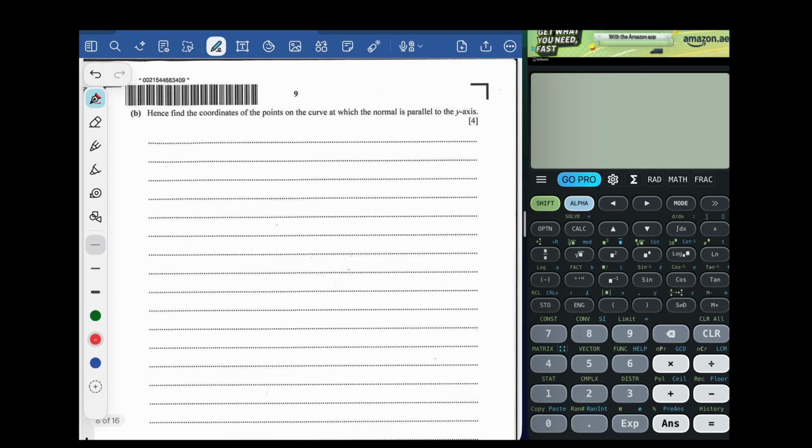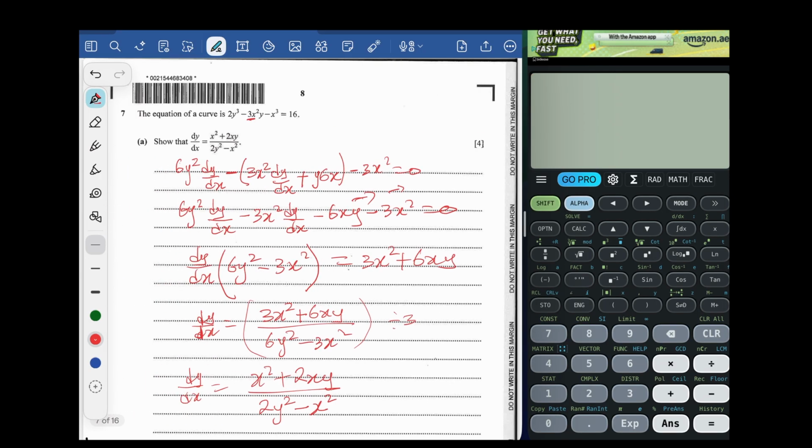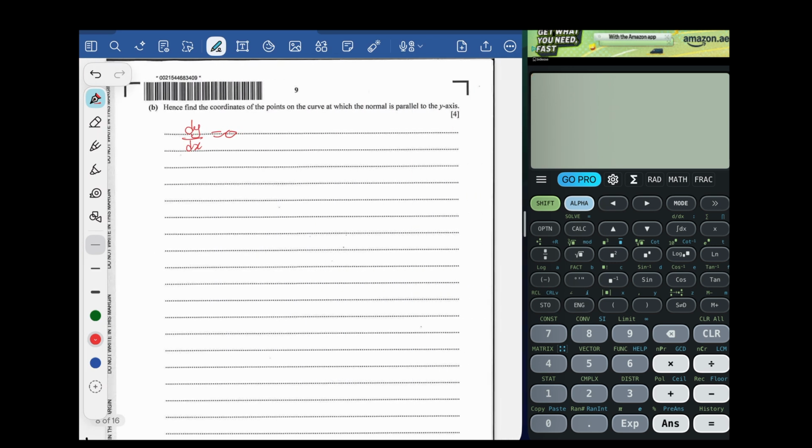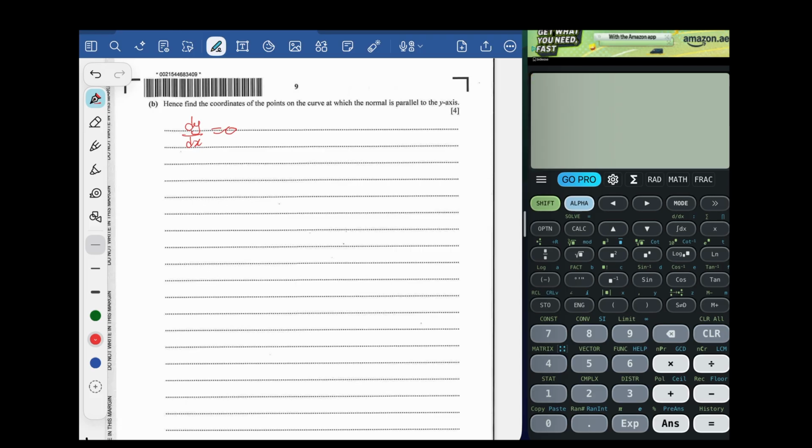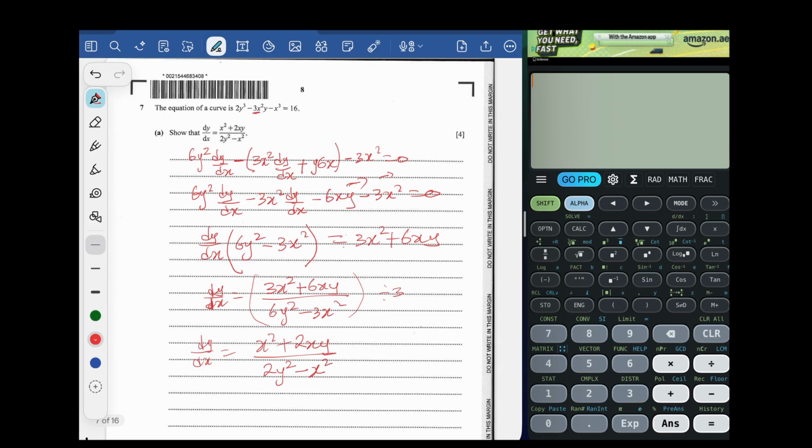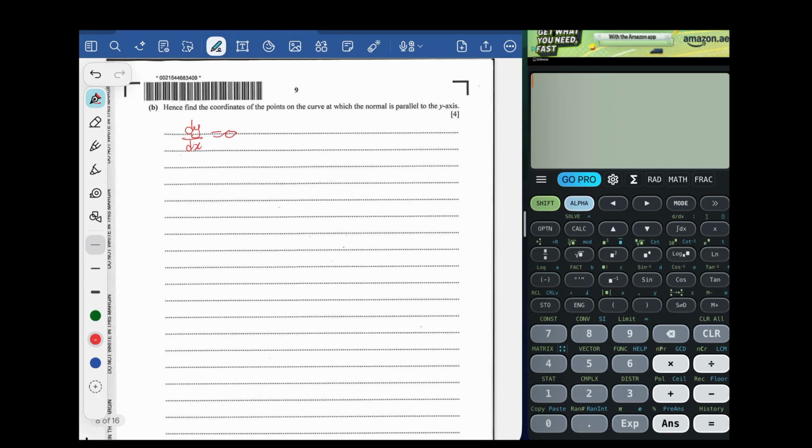Now let's see part B. Part B says, hence find the coordinates of the points on the curve at which the normal is parallel to the x axis. We know that when it's parallel, dy/dx is equal to 0. So that gives me x squared plus 2xy equal to 0. If I equate this to 0 and cross multiply, I only have the numerator.